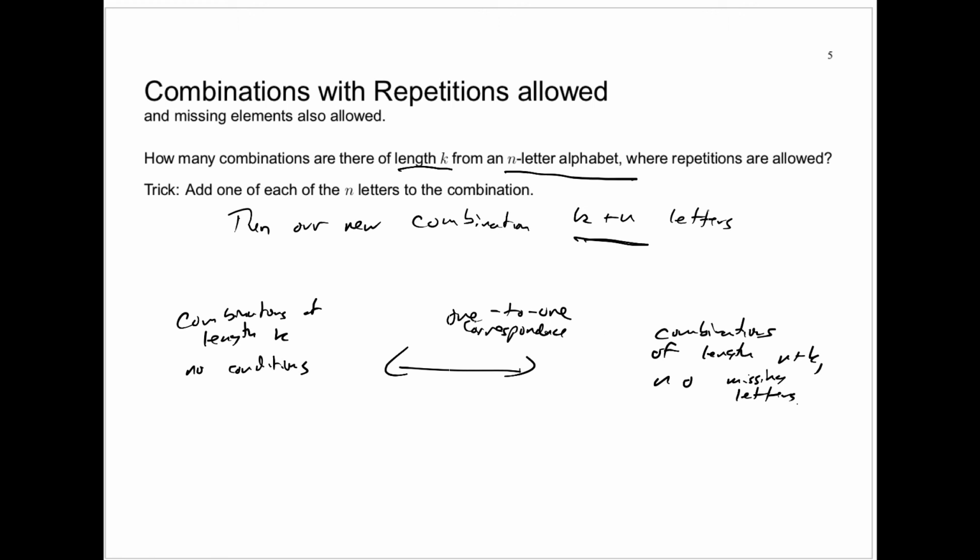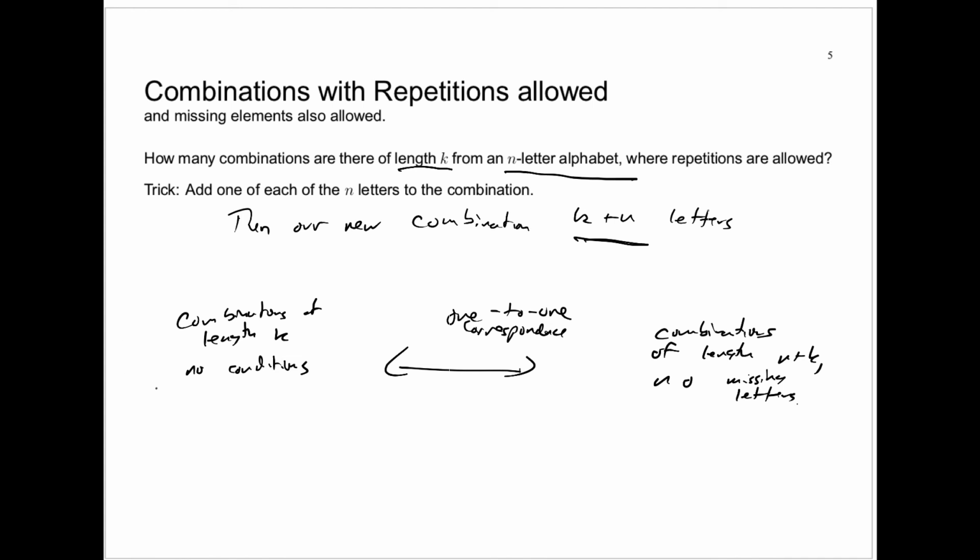How does this one-to-one correspondence work? Well, just the way we described above. If you have a combination of length k, just add one of each letter and you'll get a combination of length n plus k with no missing letters. If you start with a combination of length n plus k with no missing letters, take away one of each letter and you're down to a combination of length k. This one-to-one correspondence shows that the two sets have the exact same size.